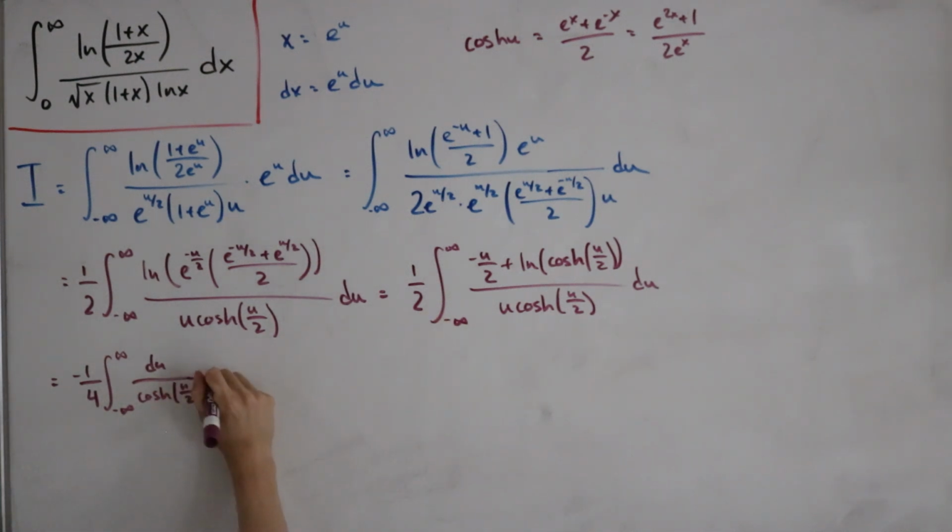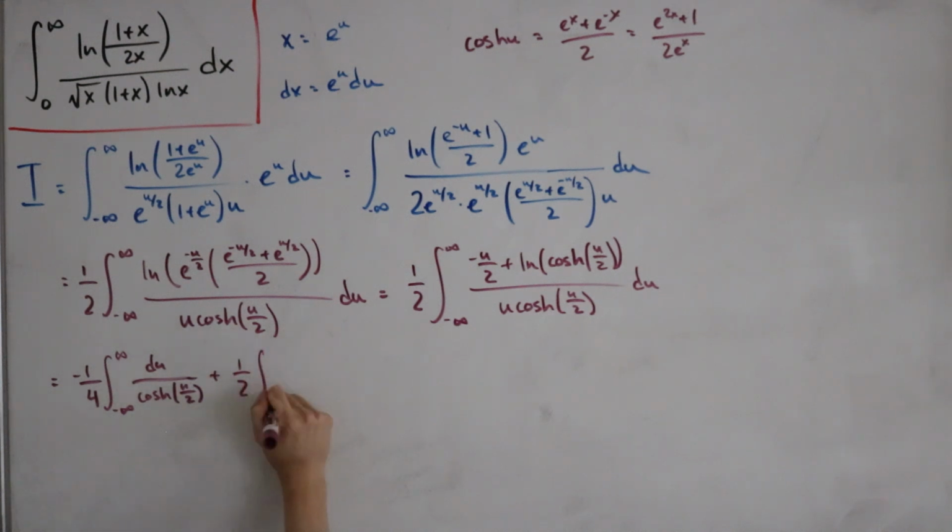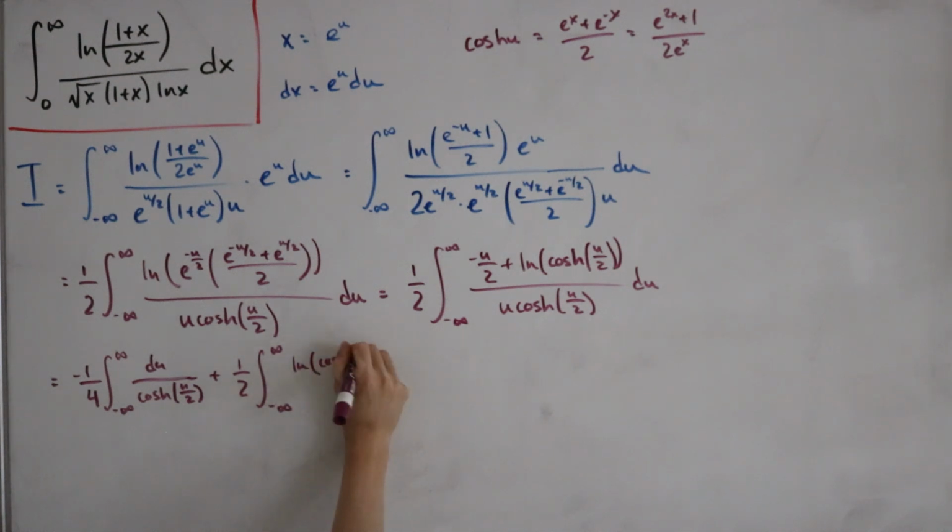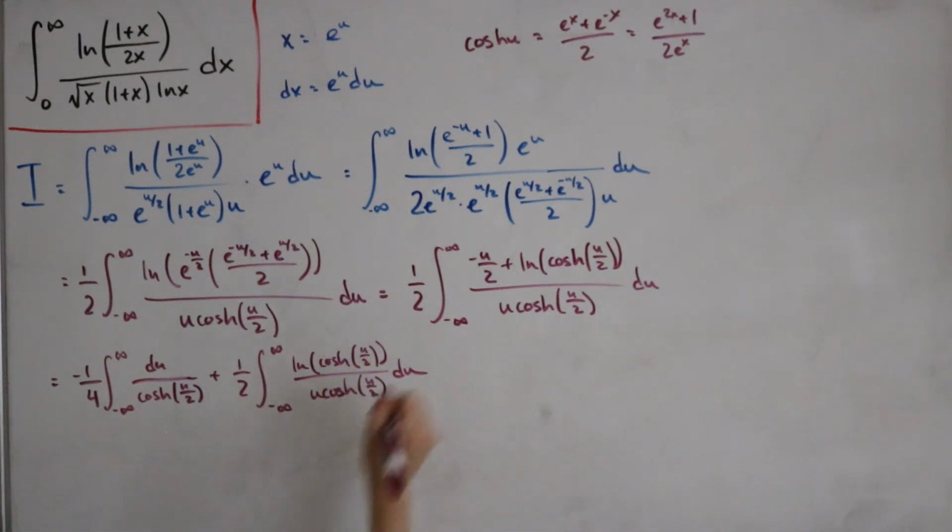And then next is going to be add this with 1/2, and then the integral negative infinity, positive infinity of the natural log of the hyperbolic cosine of u divided by 2, divided by u times hyperbolic cosine of u divided by 2, and then du.